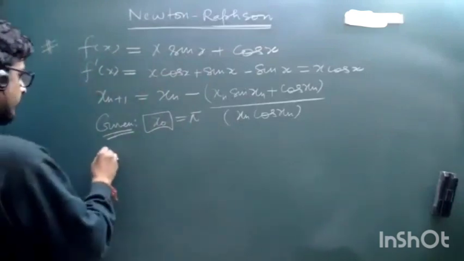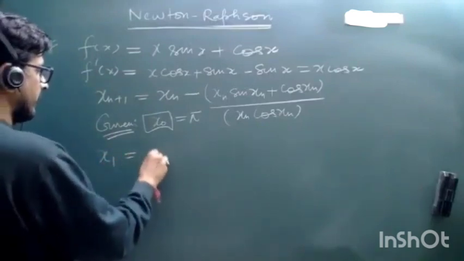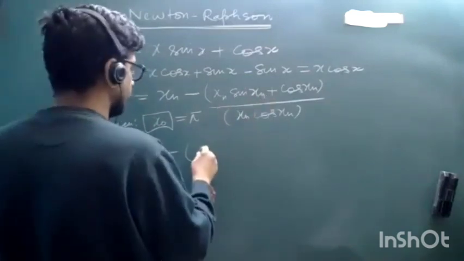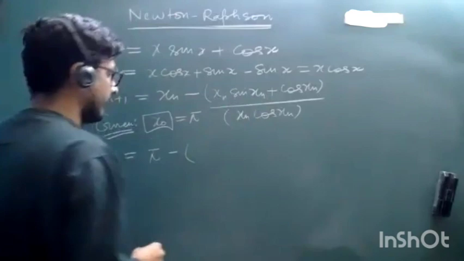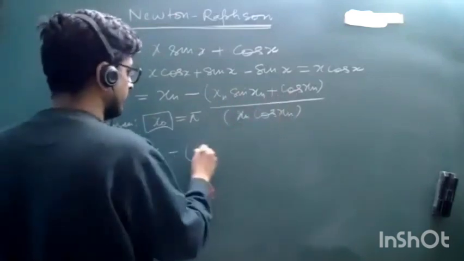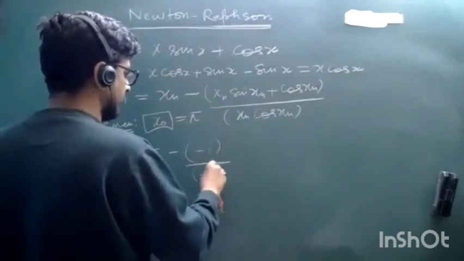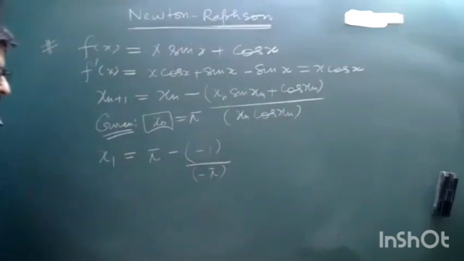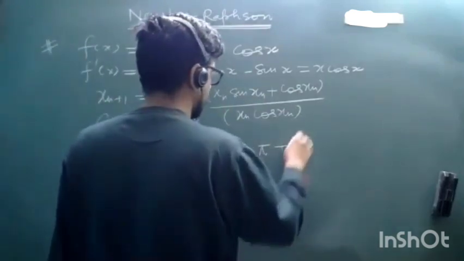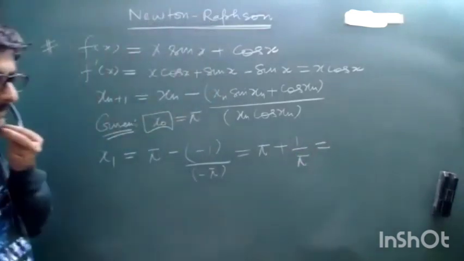So x of 1 is equal to pi minus, you take this, it will become what? This term will become 0, this will become minus 1 over, this will become minus pi, correct? So this will become pi plus 1 by pi, and that is equal to, what will be the value?